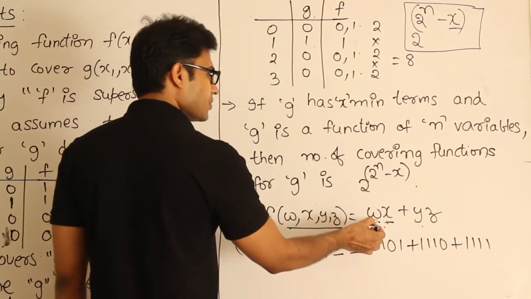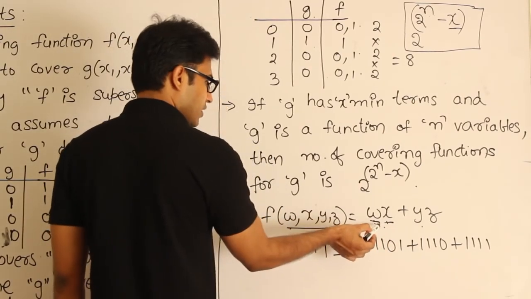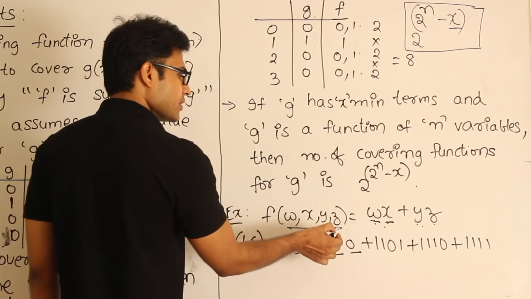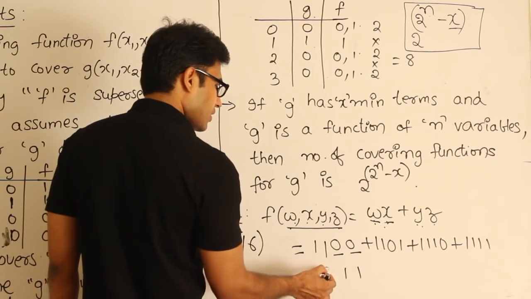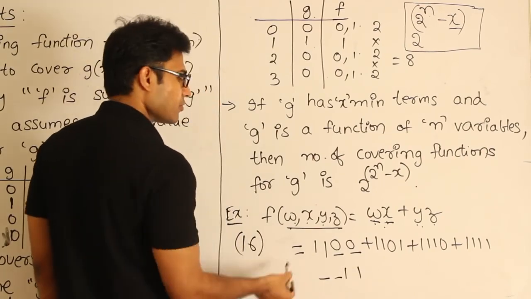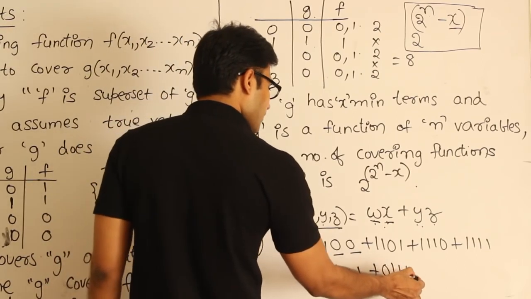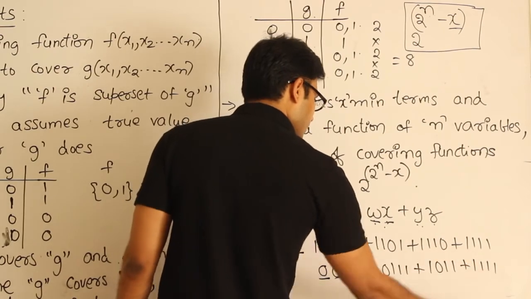These are all the 4 minterms generated from wx. And then yz, y and z are here, w and x are here. Therefore y and z is 1, 1, and then wx can take any of the choices. Therefore 0, 0, 1, 1; 0, 1, 1, 1; 1, 0, 1, 1; 1, 1, 1, 1, right?